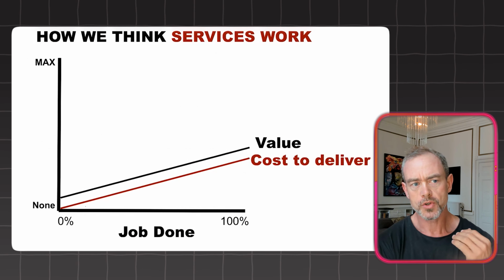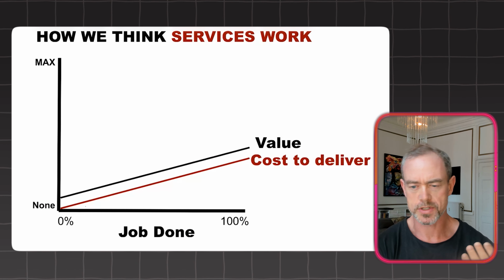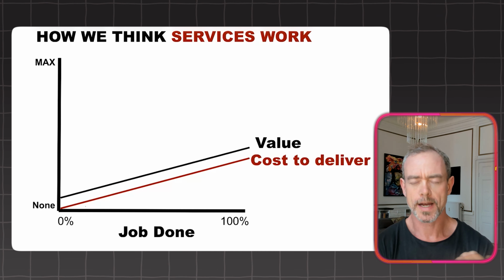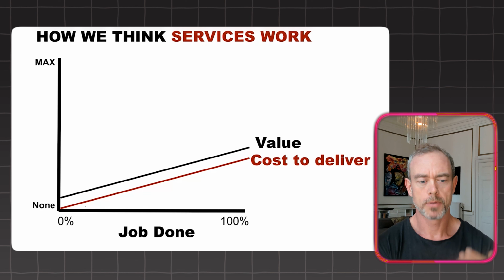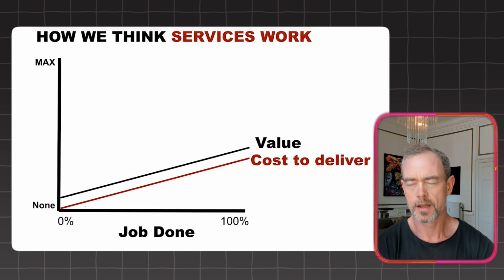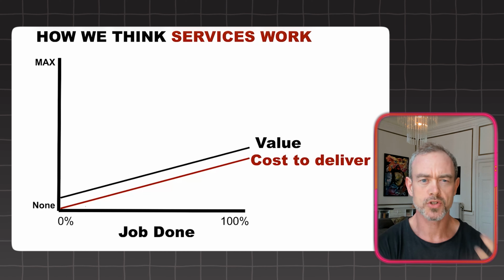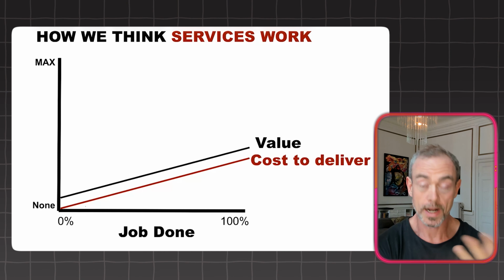So usually we have this idea about how services work, which is something like, okay, I do stuff and that provides value to customers, but also because it's a service, it costs me something to deliver. And mentally, we assume that those two things are relatively aligned, right?